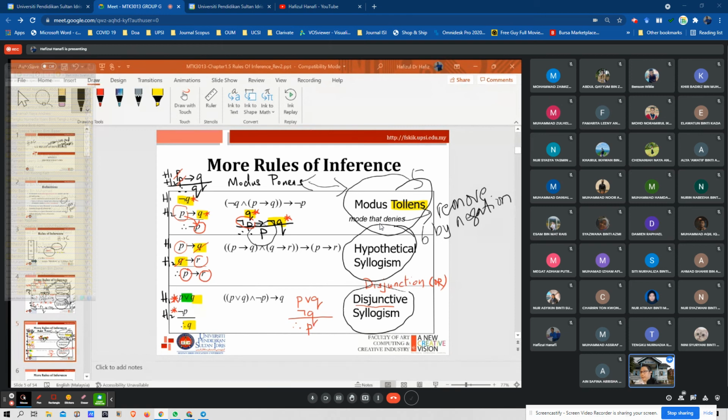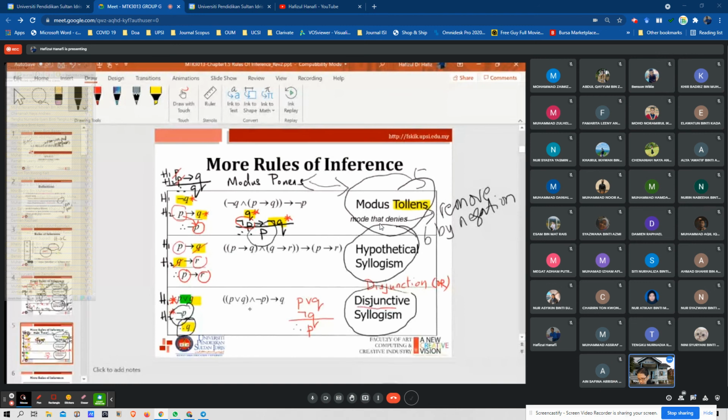Here we can say that P or Q, and then not P gives Q. Same goes here, P or Q, not Q gives P.